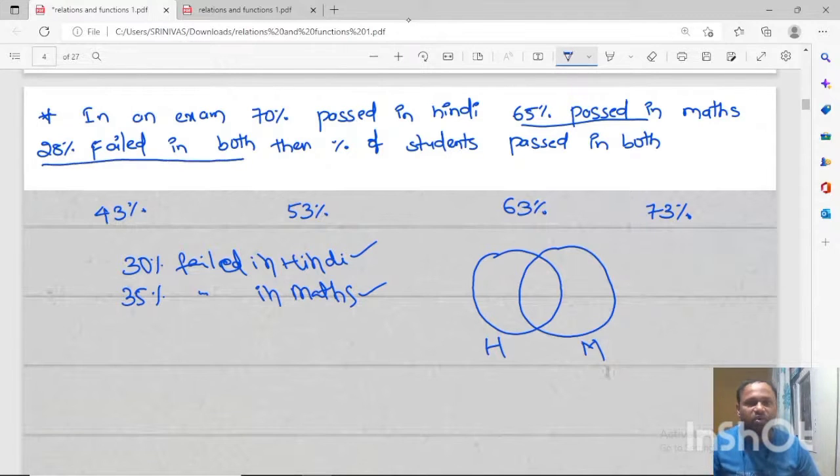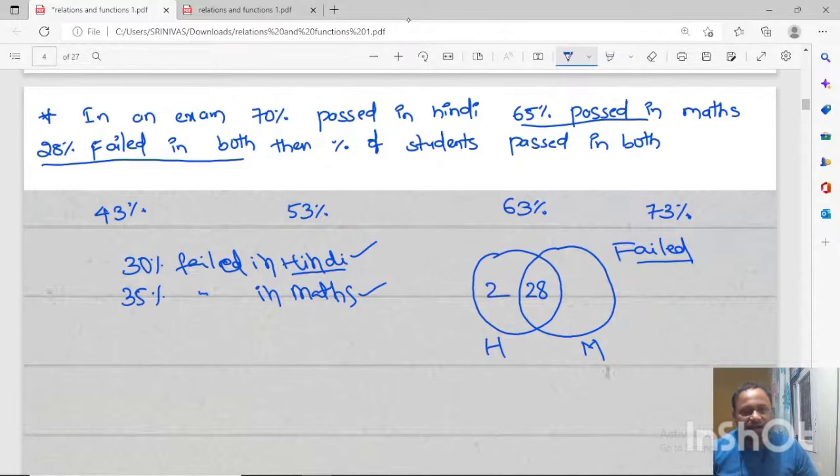Now, 28% failed in both is given. Now I will take 28 failed. I am taking all failed. Okay, 28% failed in total, both. Now see mathematics, Hindi I will see. Hindi means 30. Already 28 came, so 2 will be there.